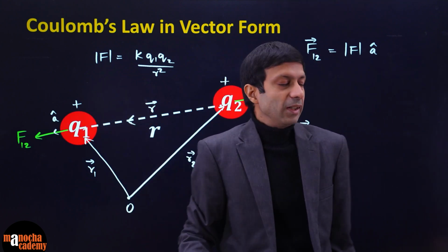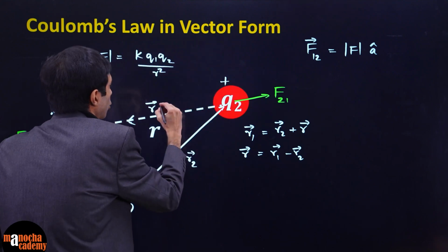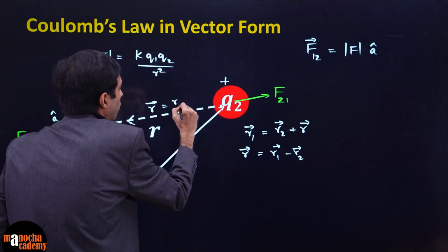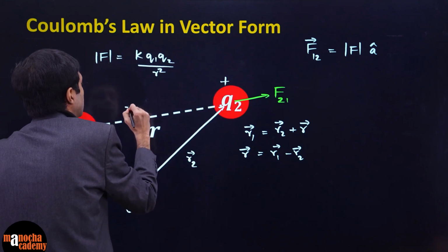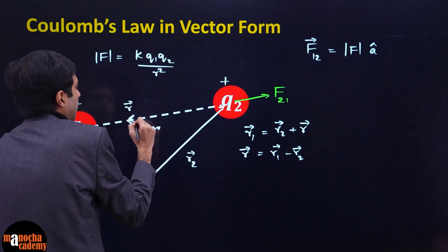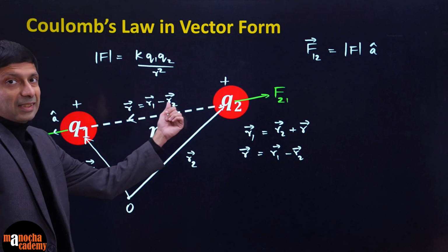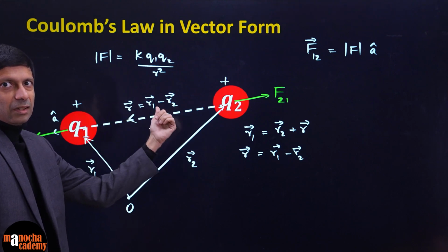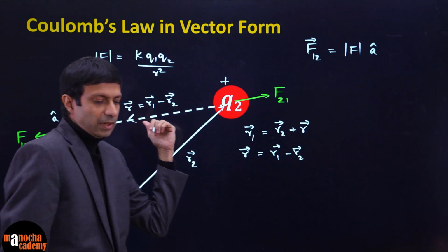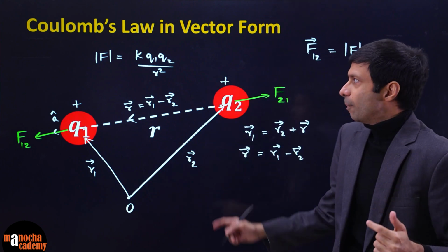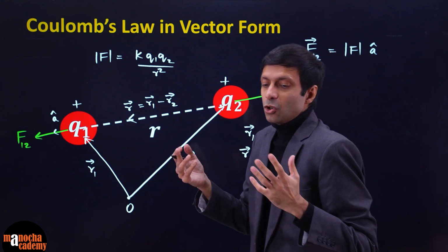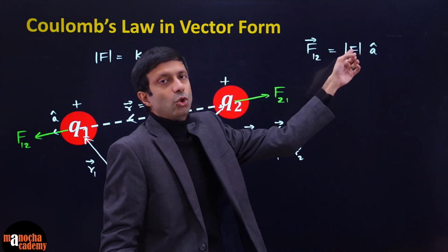Clear? So look at this carefully. This R that we are talking about, let me write it here, along this direction, is nothing but R1 minus R2. So at least I've described the direction over here, right? That means the vector along this direction. But remember, to put it into this formula, I need a unit vector.